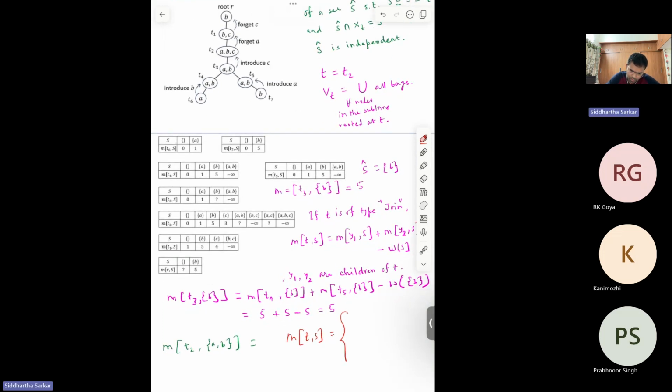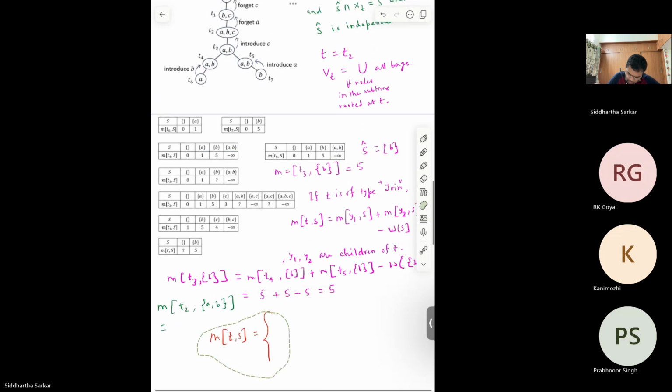Let me write the general formula first. M of T comma S, this I'm writing for an introduced node, is equal to M of Y comma S, where Y is a child of T.